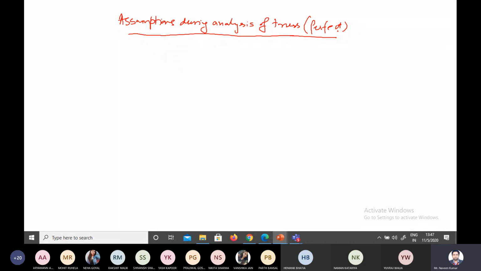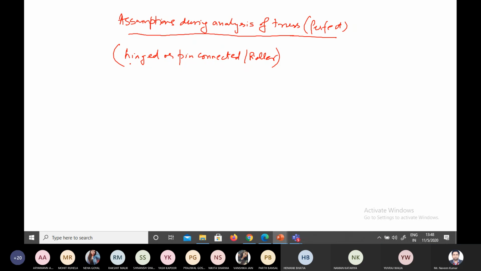Pin connected means roller point. Hinged means you know very well. The ends of the members are assumed to be hinged, pin connected, or roller.